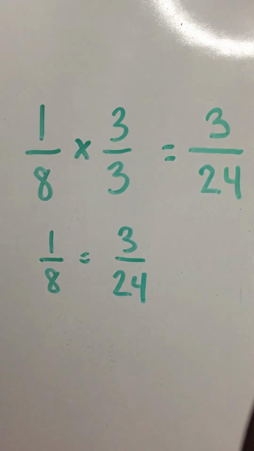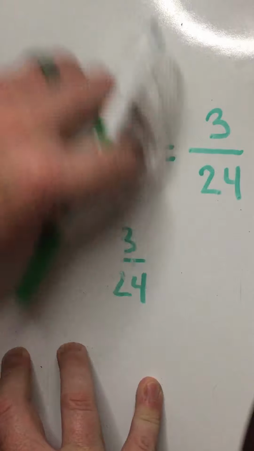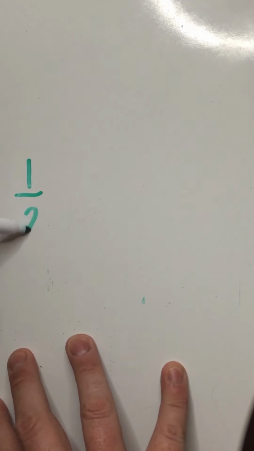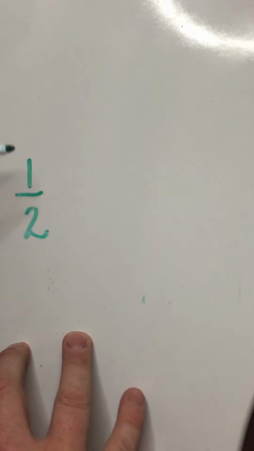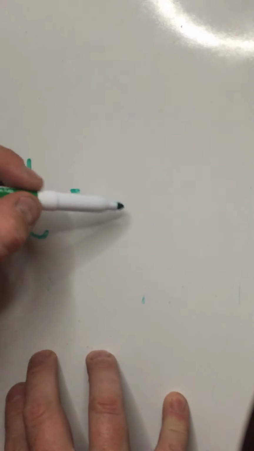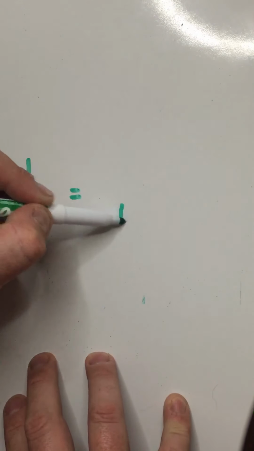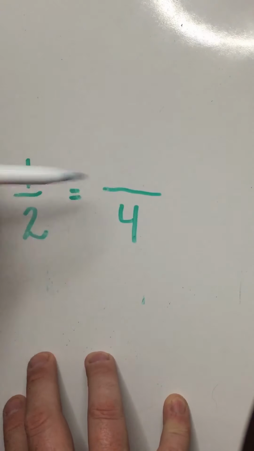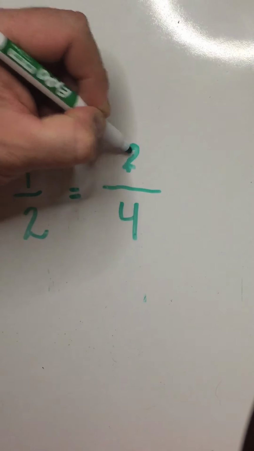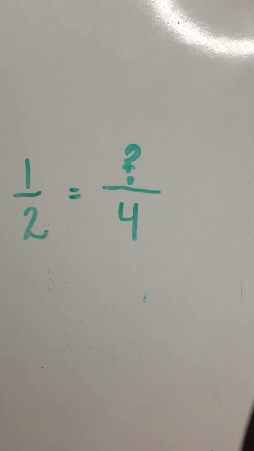Let's do a few more. What if I had 1/2 and they gave me part of the bottom, or the denominator, of 4? How would I figure out this number? Well, let me tell you.